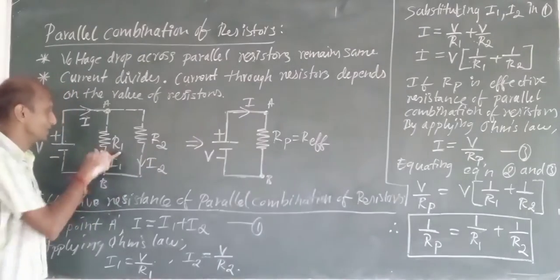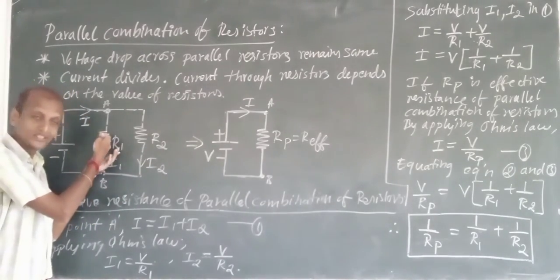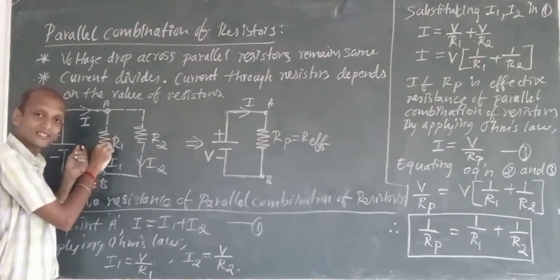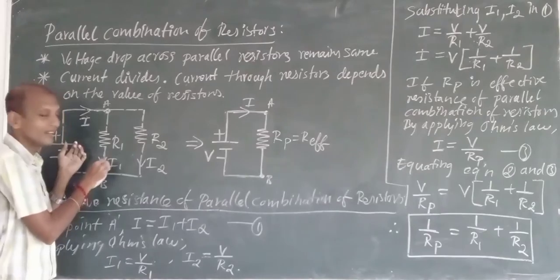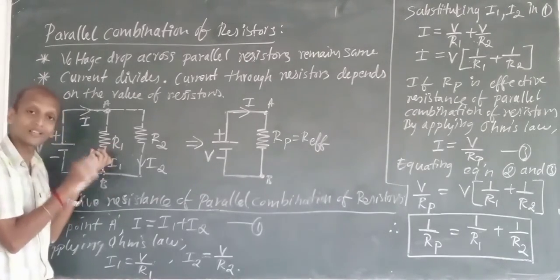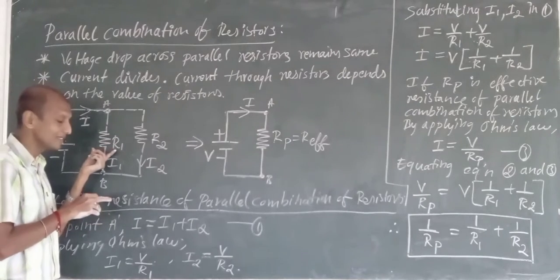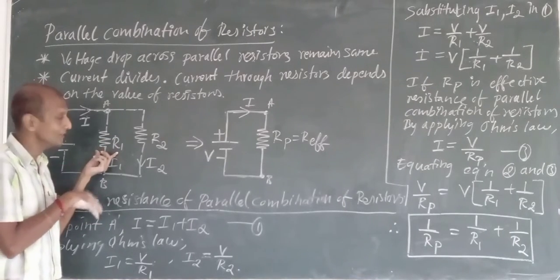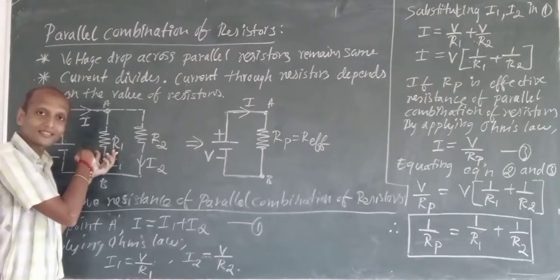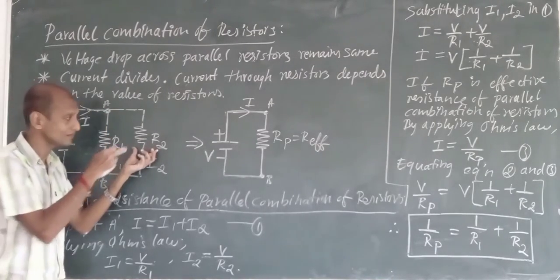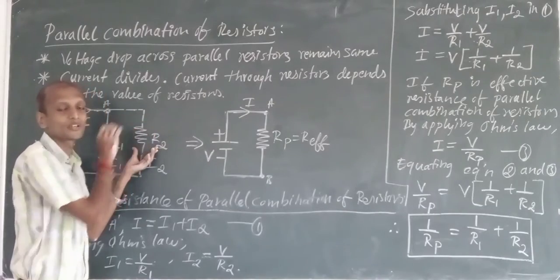Clear or not? So if this resistance R1 has got less value and R2 has got more value, then with less resistance, more current will be flowing, and with more resistance, less current will be flowing.